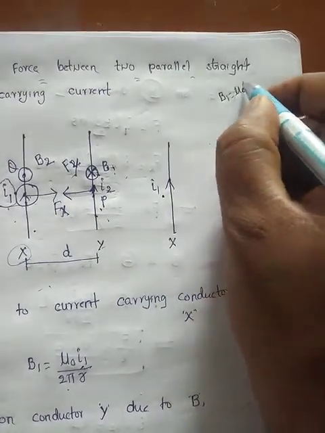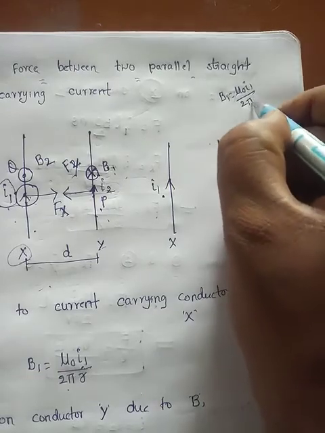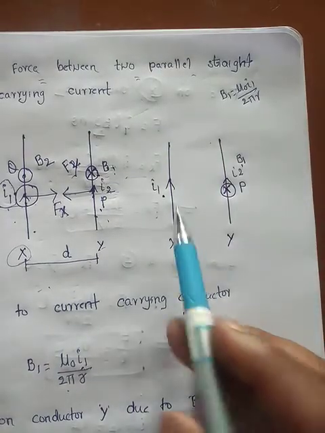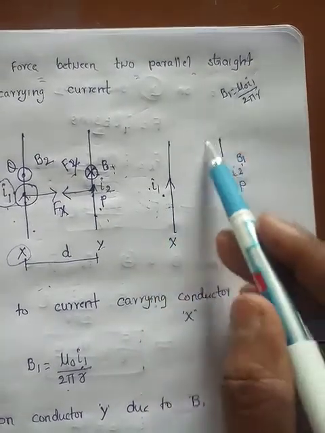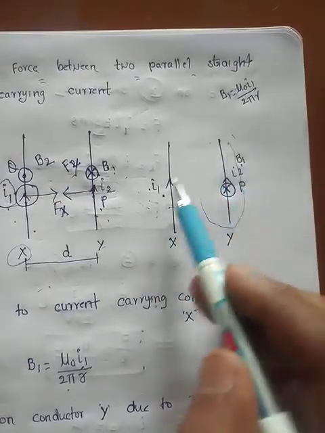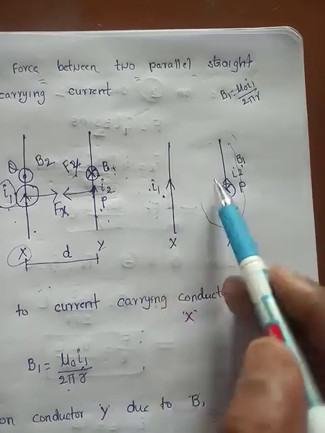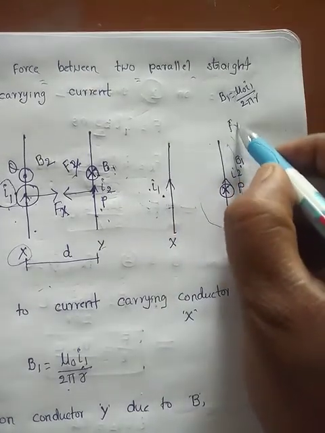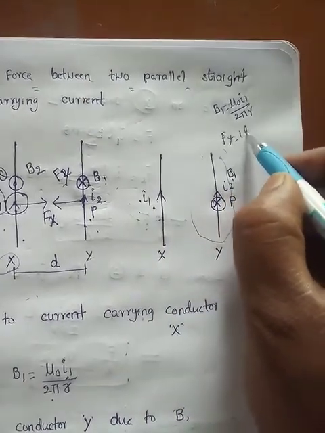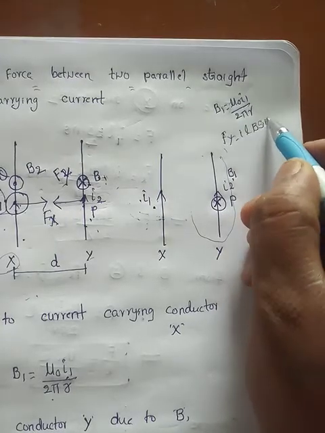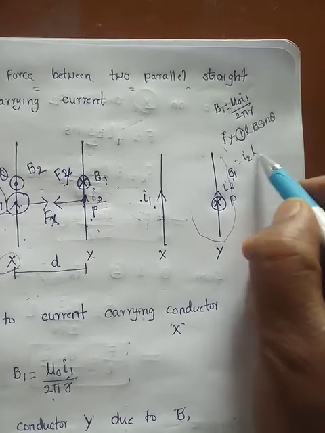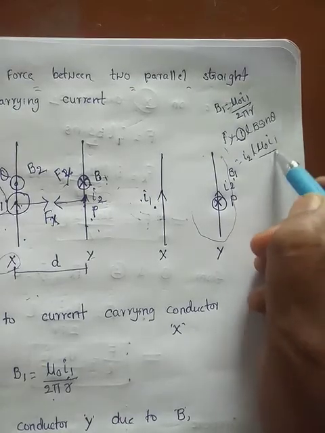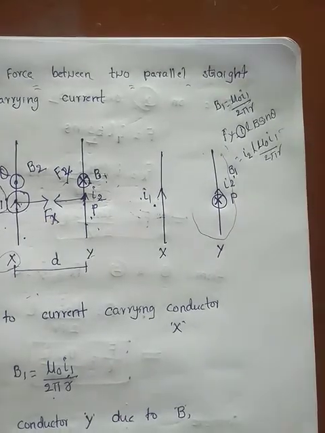B1 is equal to mu naught I1 by 2 pi r. Since this is a current carrying conductor producing a magnetic field, the other conductor experiences a force, because the field is perpendicular. Force on Y is equal to ILB sin theta, that is I2 L into mu naught I1 by 2 pi r into sin 90.